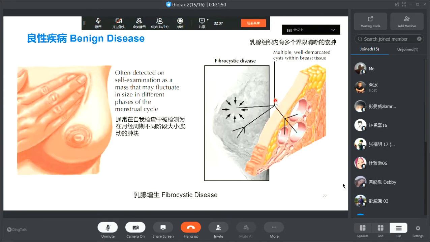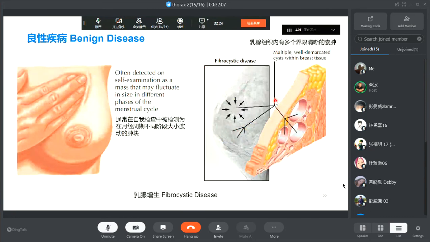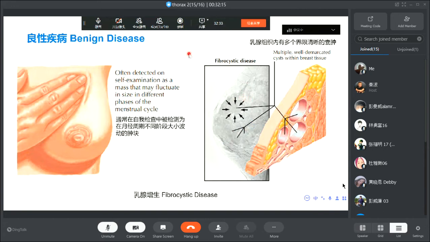And in females, there is also breast disease, including benign disease and breast cancer. So benign disease is often undeclared.